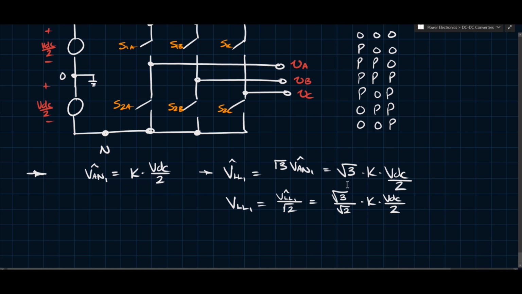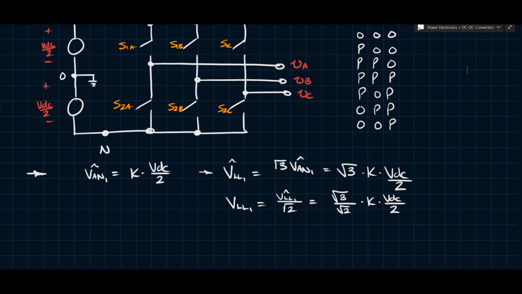So we also have a generalized table because in the sinusoidal PWM case that we saw for the full bridge inverter, there was a table of harmonics. Now we have the exact same type of thing for the three-phase case.